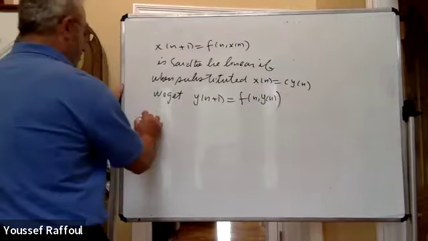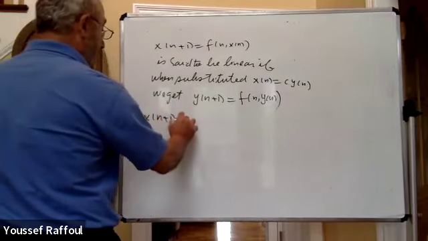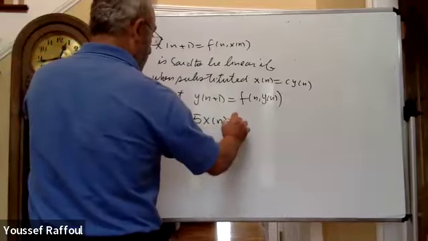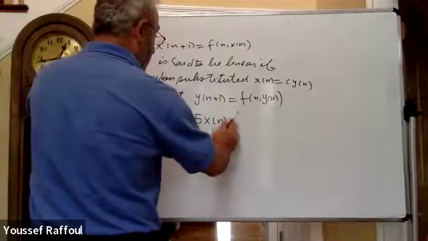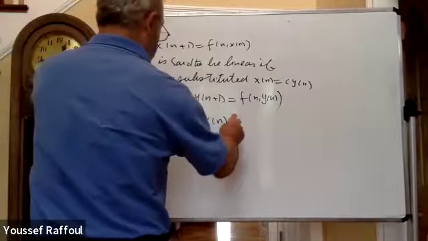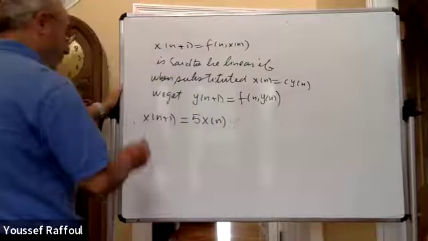So basically, if you have x_{n+1} equal 5x_n, let's put it this way.